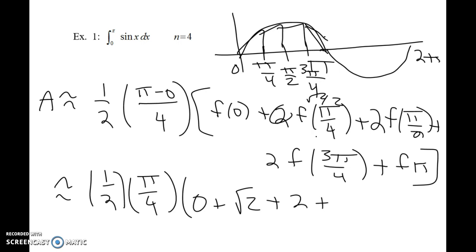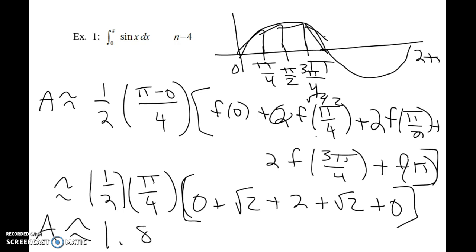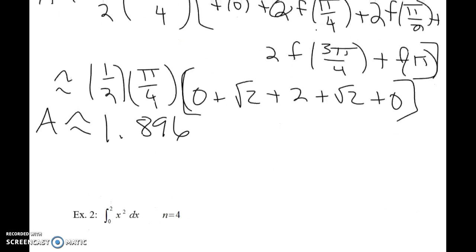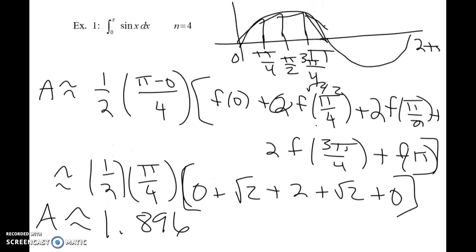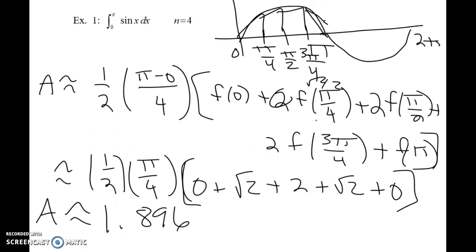Sine of 3 pi over 4 is radical 2 over 2 times 2, another radical 2, and then the sine at pi is 0. And again, do these final calculations and get an approximate area of 1.896. In class, we'll attempt to do example 2 together, and hopefully I'll be able to answer any questions you still have on this lesson.